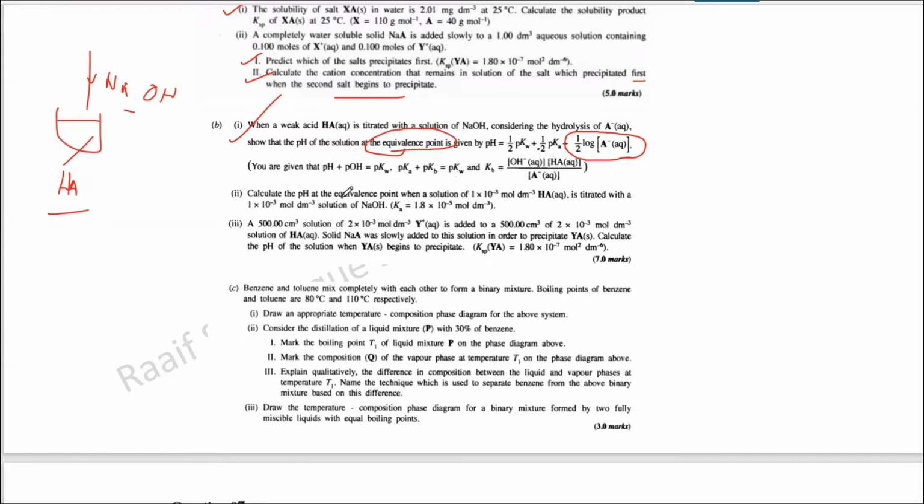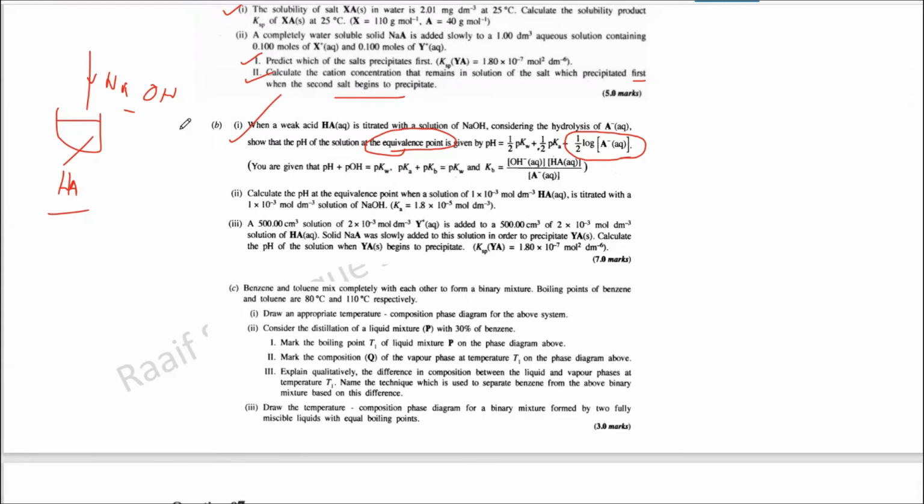And calculate the pH at the equivalence point when a solution of 1 into 10 to the power minus 3 of HA is titrated with 1 into 10 to the power minus 3 of OH minus. So the idea here is why they have given the concentration of HA and OH minus: to know at the equivalence point there is only A minus according to the stoichiometry 1:1.